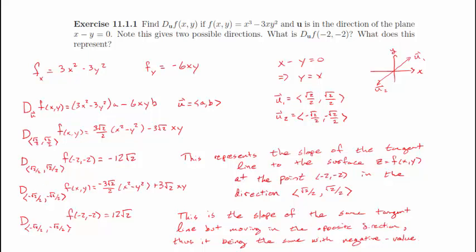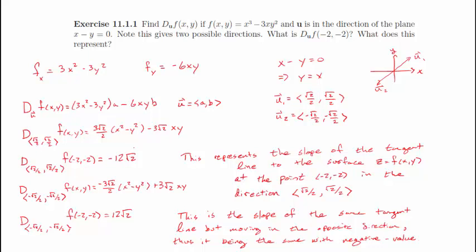Then if we plug in the specific point negative 2, comma negative 2, I get negative 12 times the square root of 2. Since the x and y are the same, the x squared minus y squared just canceled out, and then negative 2 times negative 2 is 4, times negative 3 root 2 is negative 12.